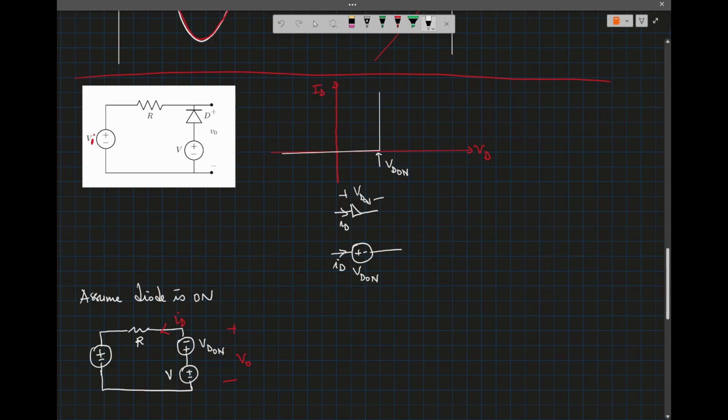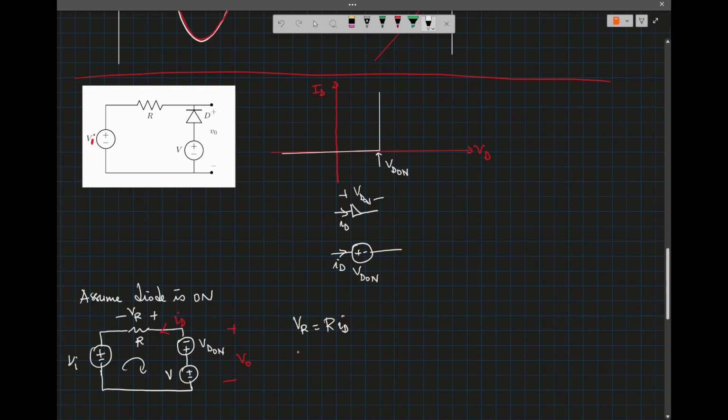So when I write KVL, what do we have? The voltage across the resistor, VR equals RID.